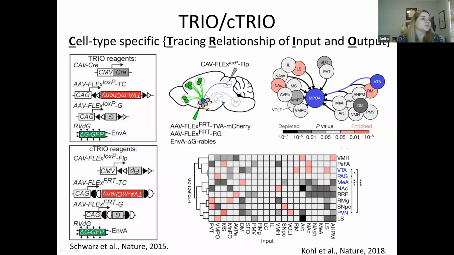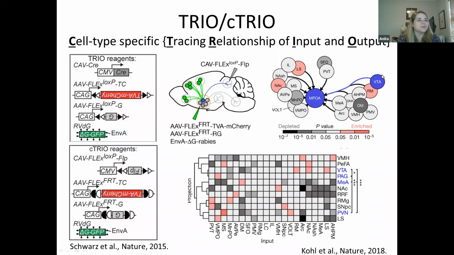Now those will only be expressing FLP in cells that are Cre positive, and then you go in with your conditional rabies constructs, the TVA and RG that are necessary for the delta G rabies expression, and then you get the inputs. And how that looks in terms of data is very confusing.